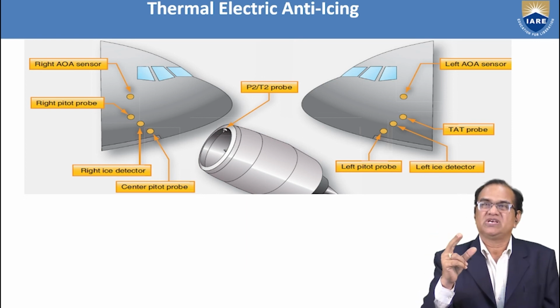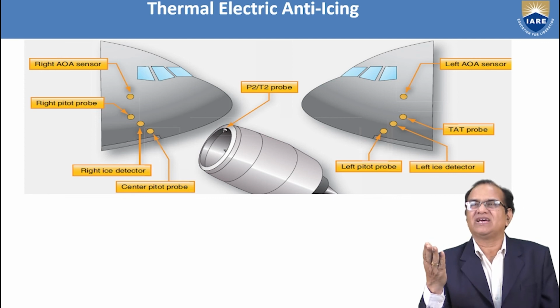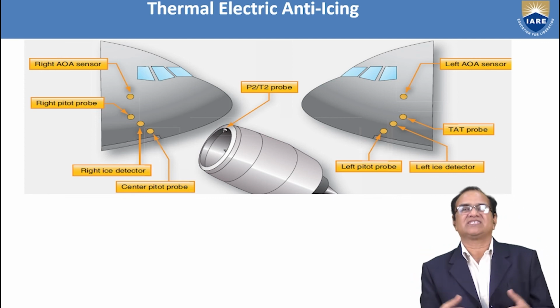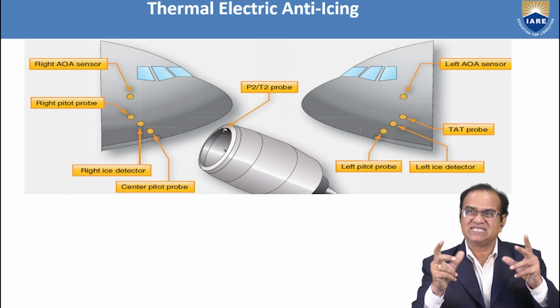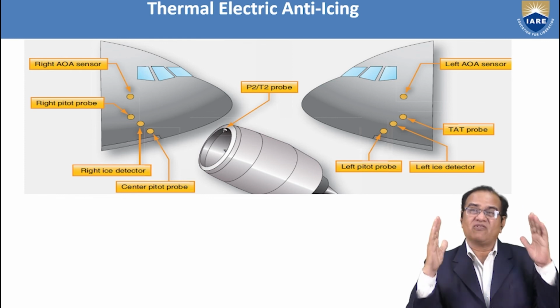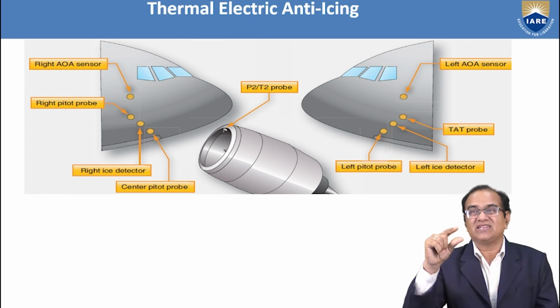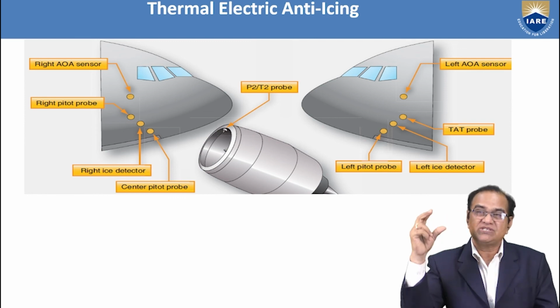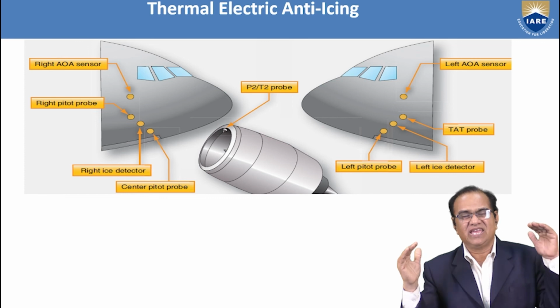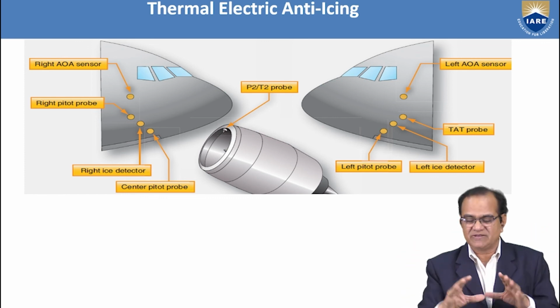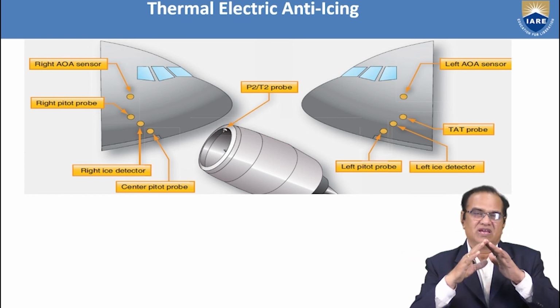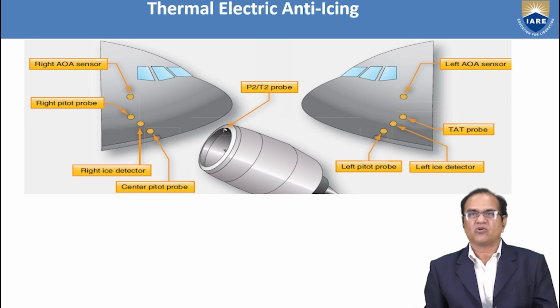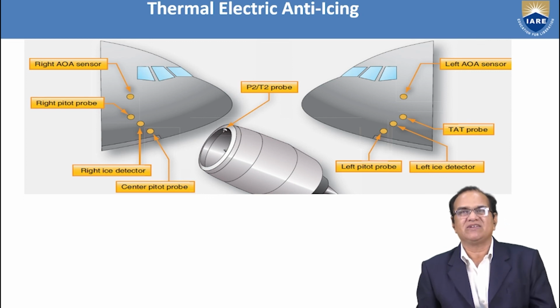All the probes, especially the pitot tube or the angle of attack sensors, have to be heated so that during flying the ice should not enter, and the very small hole should not be clogged. So this is made hot. If any ice formation takes place, your system will melt it, and your system will work properly and it will be safe.